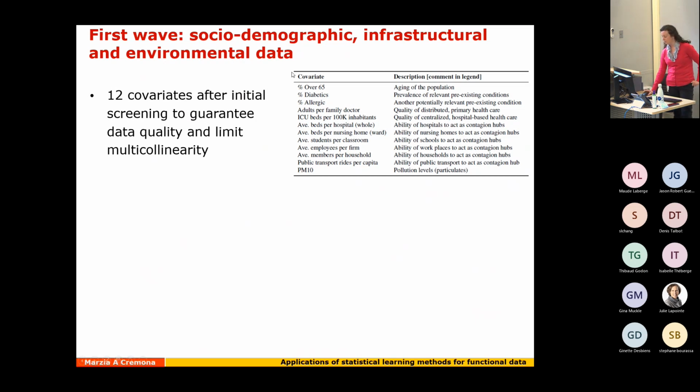For example, we looked at the percentage of over 65 years old, the percentage of diabetics, also the ability of hospitals to act as a contagion hub, or how big schools are, because all those things can affect the epidemic.